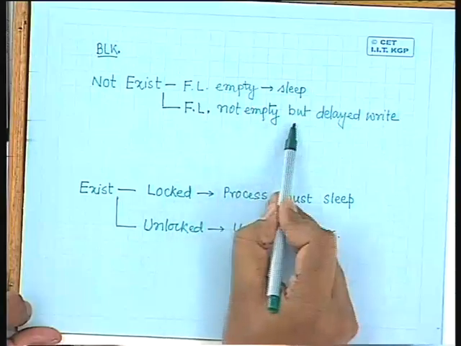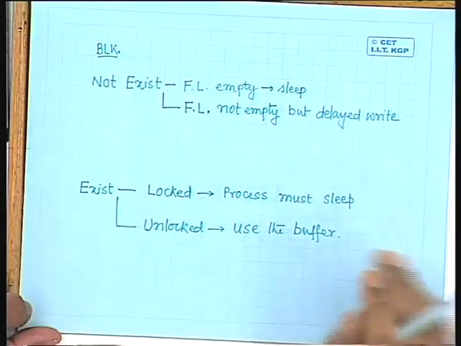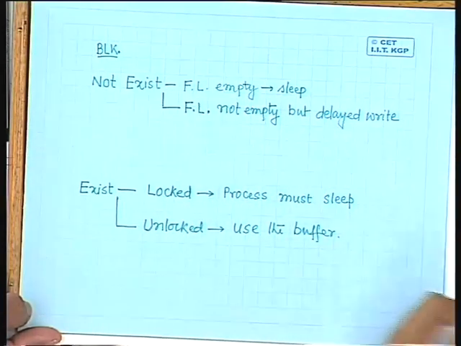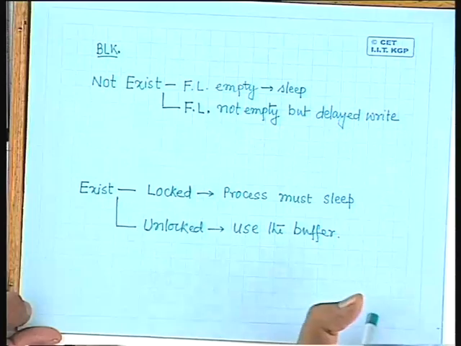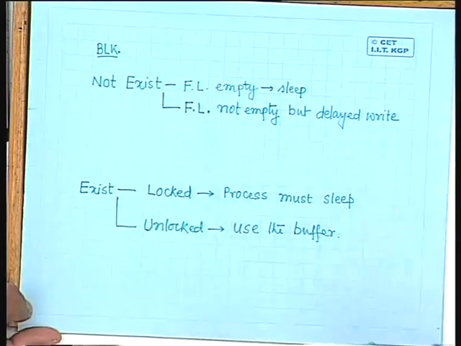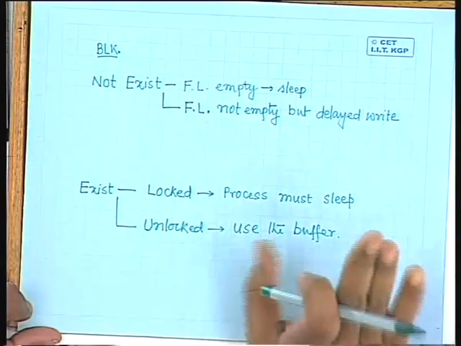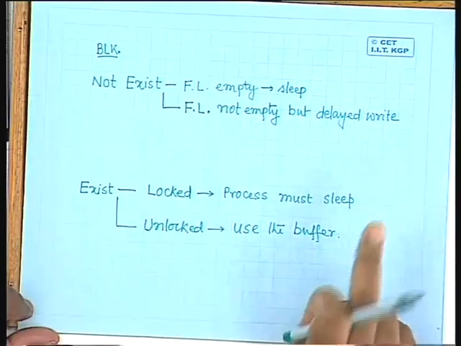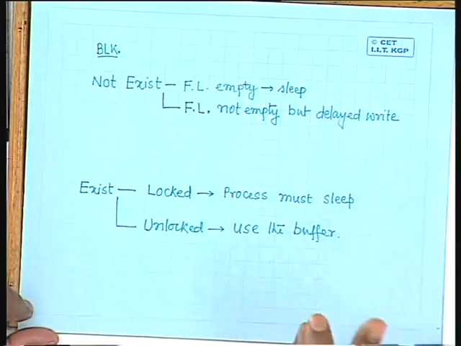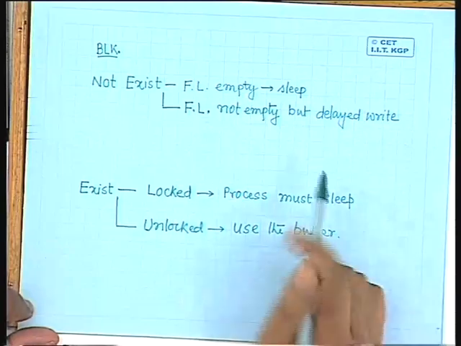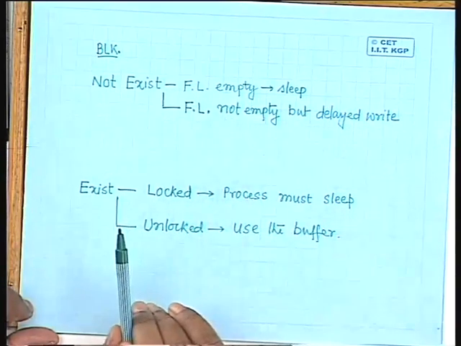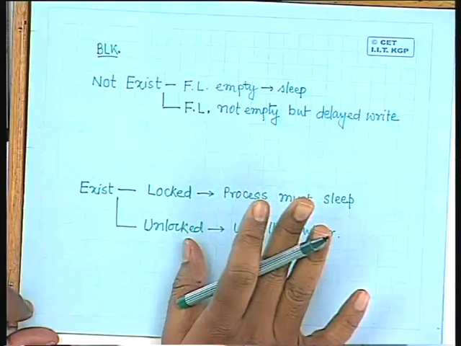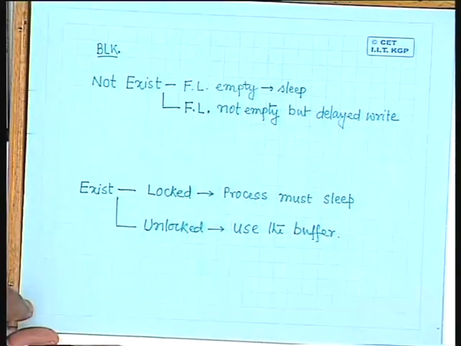In that case, if it is marked as delayed write, that means the actual disk content is different from the content of the buffer. When you read a block, you copy the disk content into one of the buffers, so they are identical. The moment you modify the buffer, the content of the disk and the content of the buffer are different. So before you overwrite this buffer, you have to write the content of the buffer onto the disk. Only then can this buffer be overwritten. Otherwise, all this modified data will be lost.